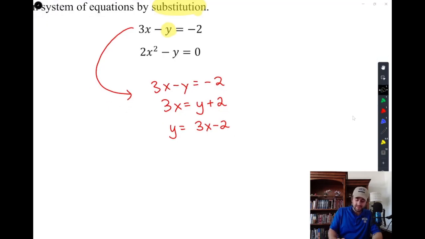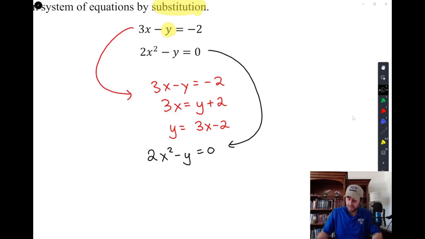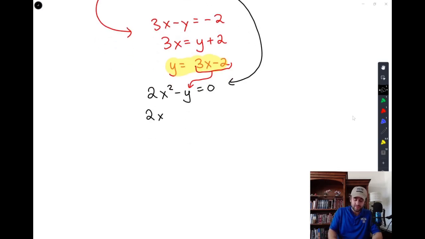Now why I did that is because I'm going to take that y and plug it into my other equation, this one. So we're going to take this y value we have from this equation and plug it straight in where we see the y. And so what we'll be left with is 2x squared minus parentheses, because we're plugging in a whole equation, 3x minus 2 equals 0.